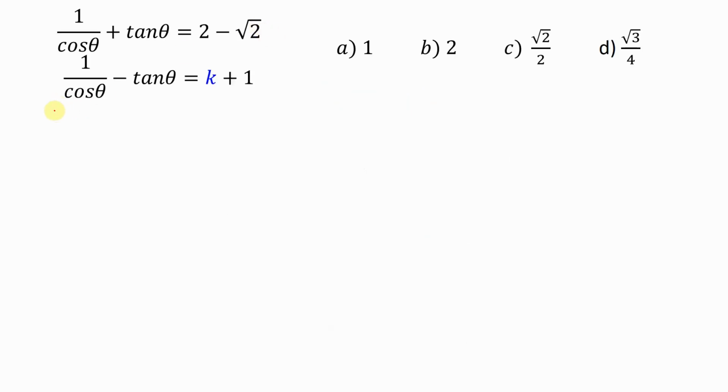Here you can see the system of equations, and here are all the possible answers for this question. So I'm going to start with this system of equations. If you look at it carefully, you can start here.